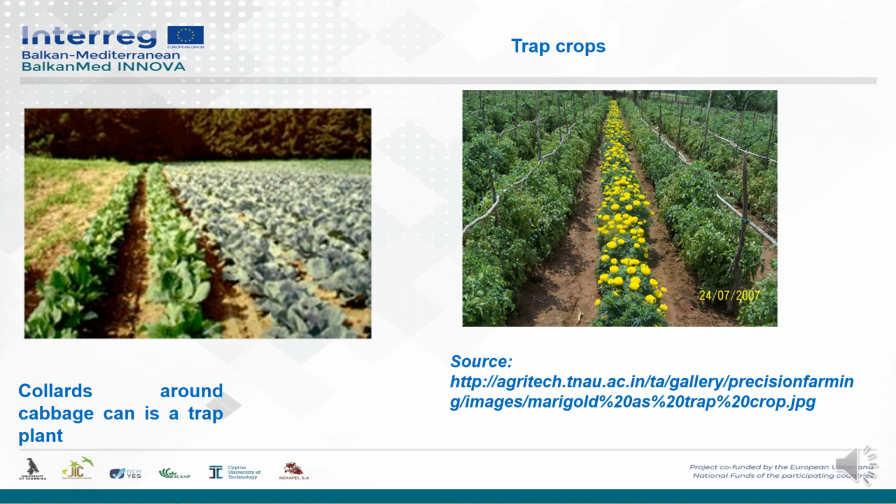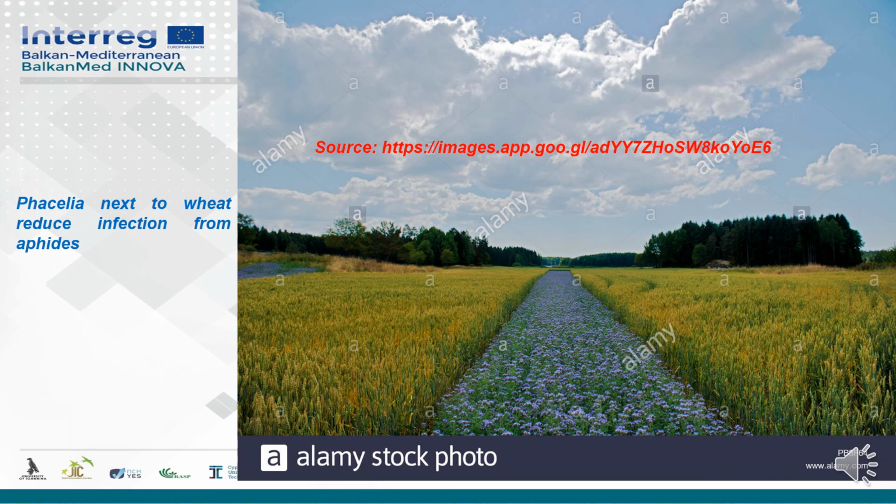And this is the last photo to conclude this part of the lecture. We will still continue in the next part, again speaking about disease, pest, and weed control through biodiversity, different techniques, rotation, and so on.